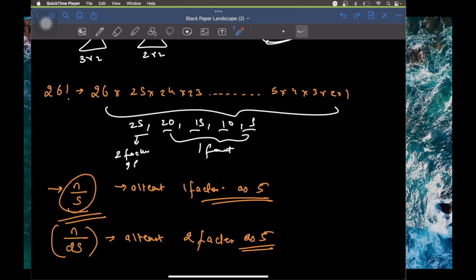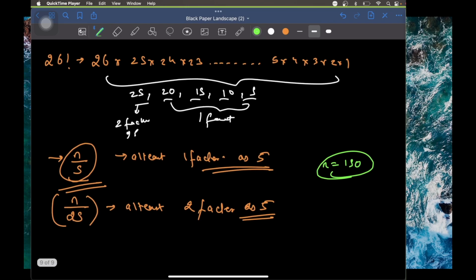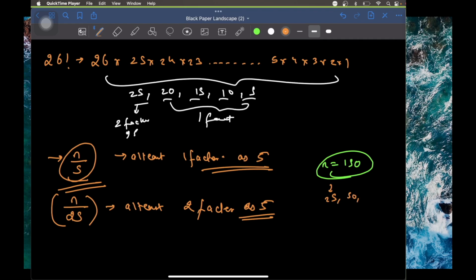Right? Now just think about it. If n becomes as big as 150, then you have 25, 50, 75, 100, 125, 150.